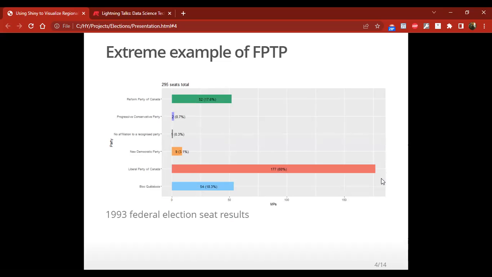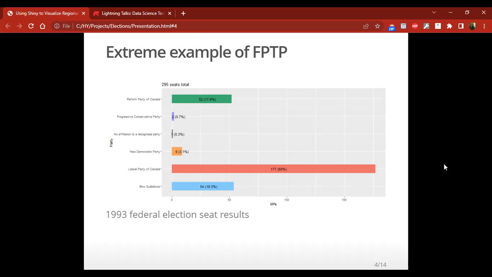Here are the federal seat results for the 1993 general election. As you see here, the Liberals got basically a supermajority in Parliament, 177 out of 295, whereas going into this election the Progressive Conservatives, or PCs, were wiped down from a majority of over 150 going in, all the way down to 2.